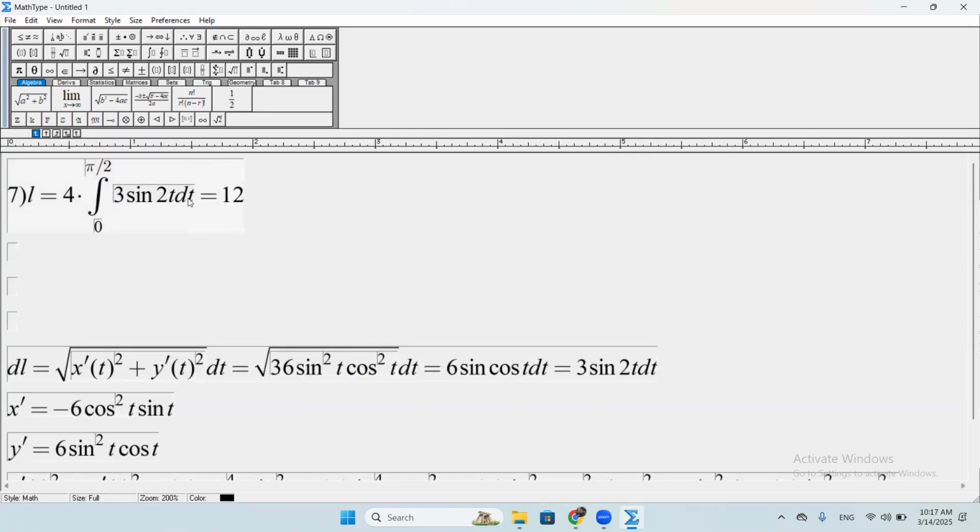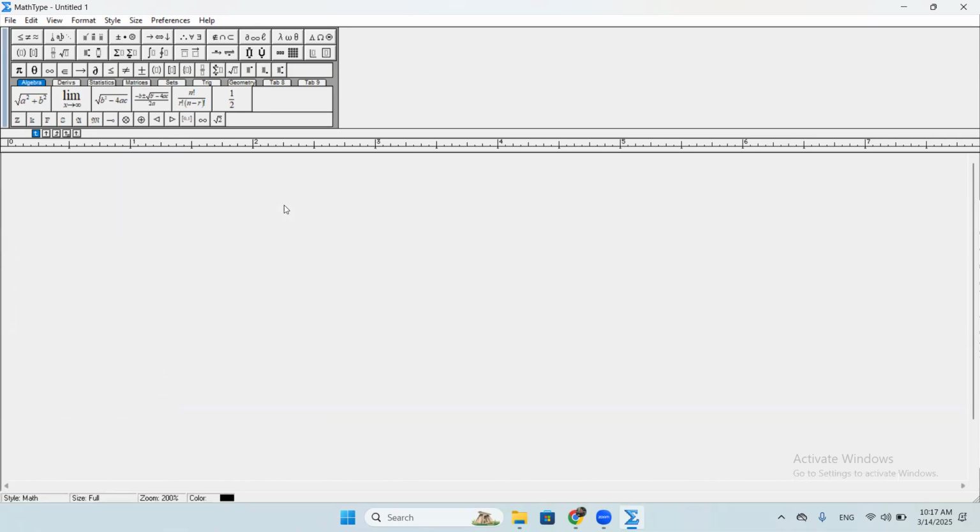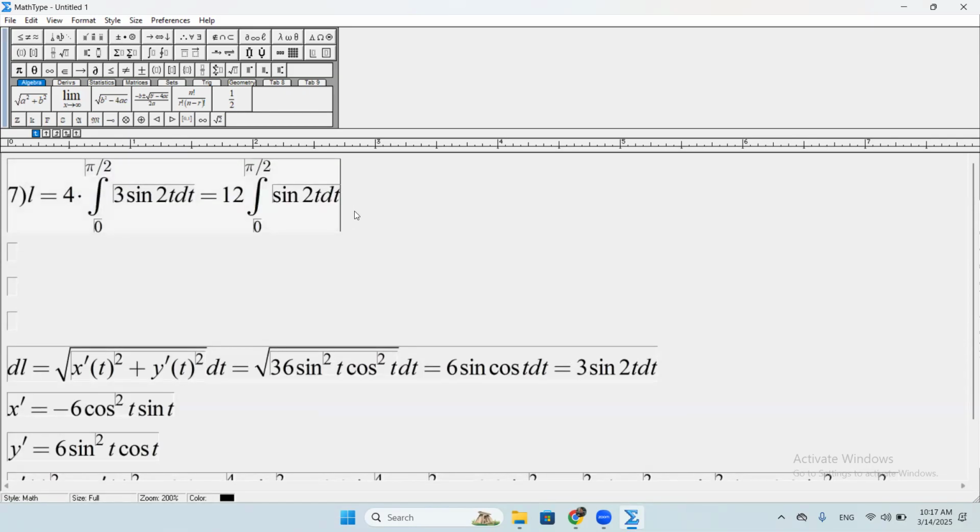So 12 times the integral of sine of 2t, so minus 6 cosine of 2t, from 0 to π over 2. So minus 6 multiplied by (0 minus 1). So the result is 6.